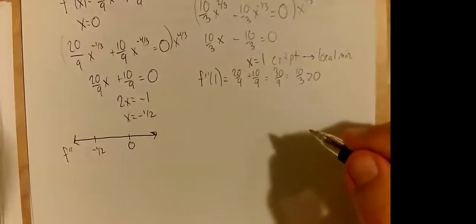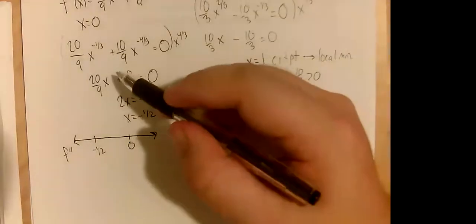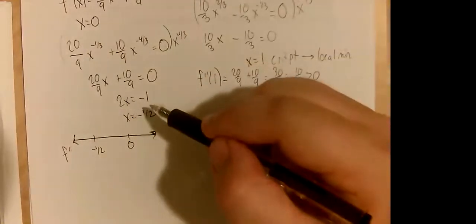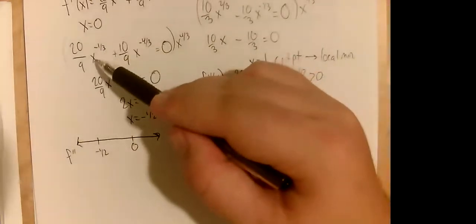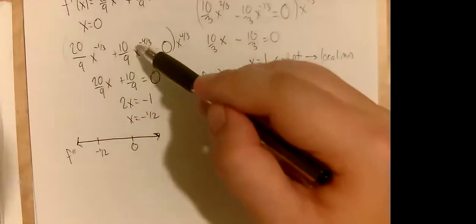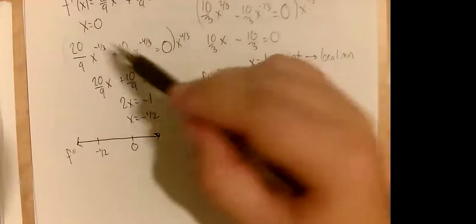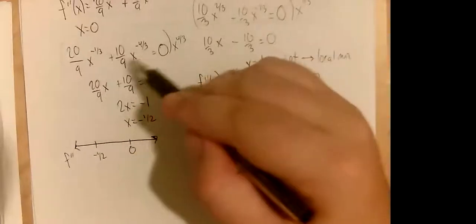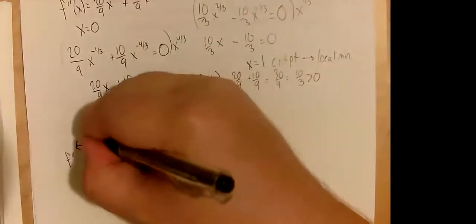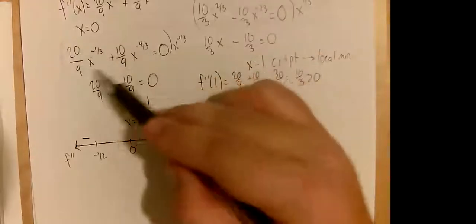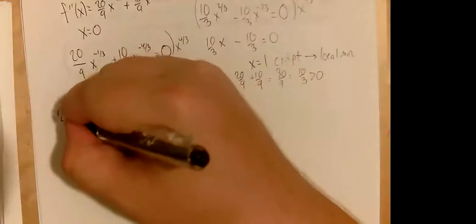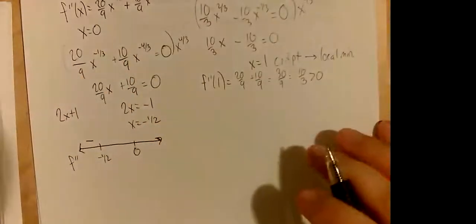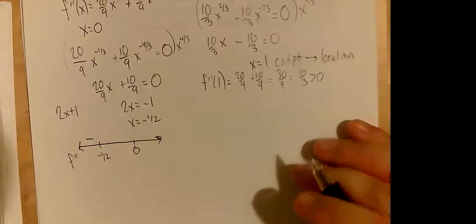All right, so plugging in something that is less than -1/2, like say -1, for instance, this will end up being negative here, and this will be positive, but it will only be about 10/9 as opposed to 20/9 if we plug in -1 to these. So it's going to be negative here. And again, if this part doesn't quite make sense to you, you could use the simplified version, like say 2x plus 1 with this.